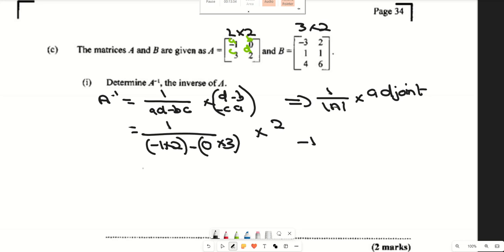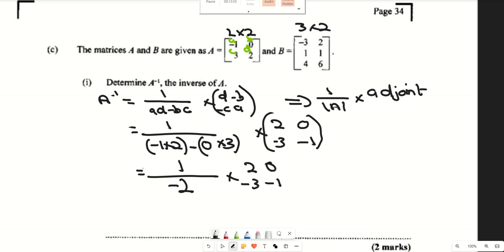There's nothing like -0, so you put 0, and then 3 by -1 is -3. After you do this, it's 1 over -2 minus 0, since 0 multiplied by 3 is 0. So it's 1 over -2, or -1/2, multiplied by 2, 0, -3, -1.